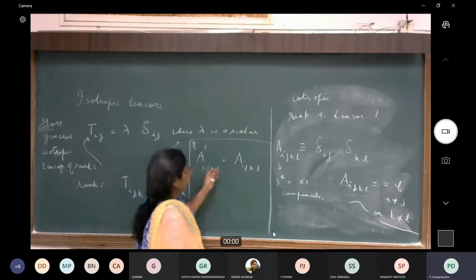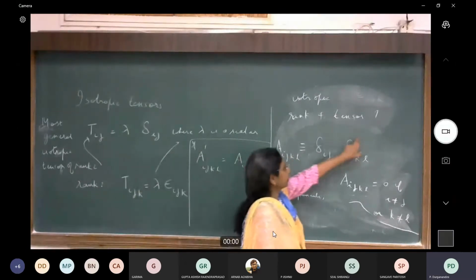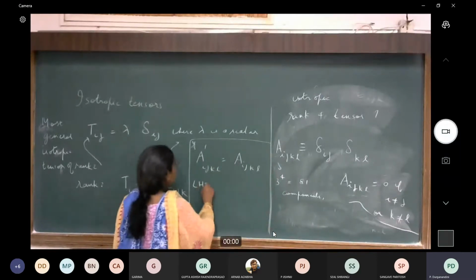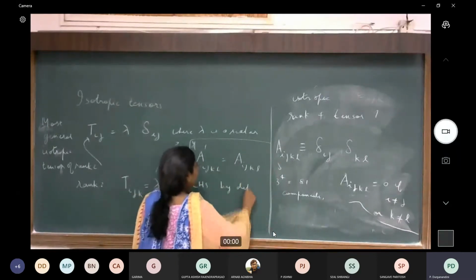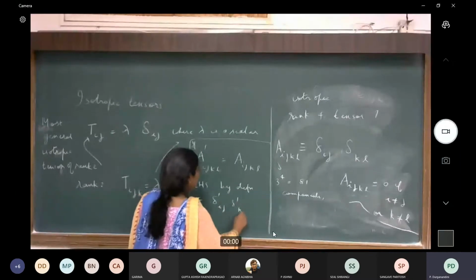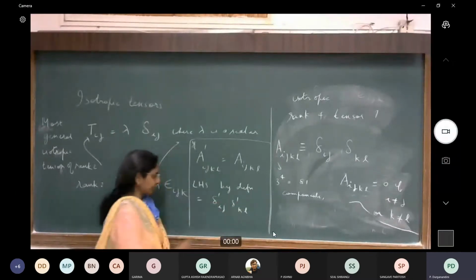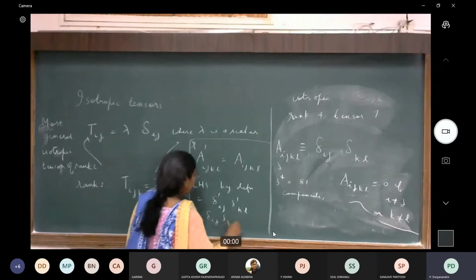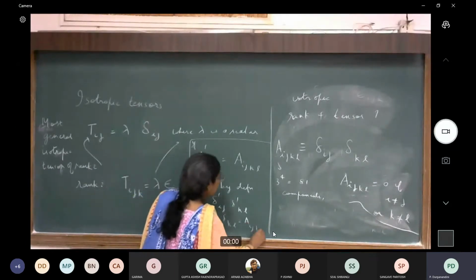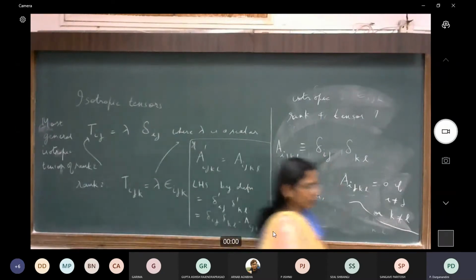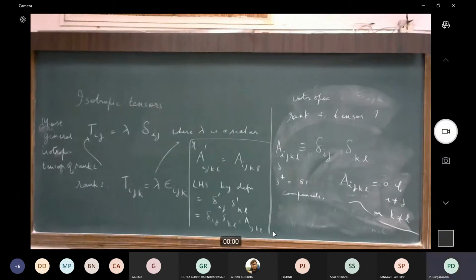A prime ij kl by definition is going to be delta prime ij delta prime kl. But we know that delta is isotropic, so this is going to be delta ij delta kl, and this is nothing but A ij kl. So therefore you can see that this is really an isotropic tensor. It is a fourth rank tensor which is isotropic.